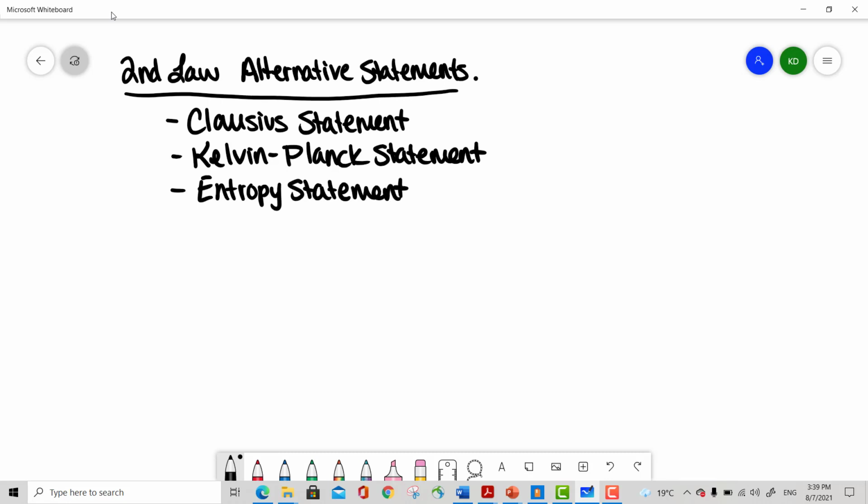And something interesting about these is that while they sound very different and we lean on them for different things, they are actually saying the same thing. So let's talk about those really quick.